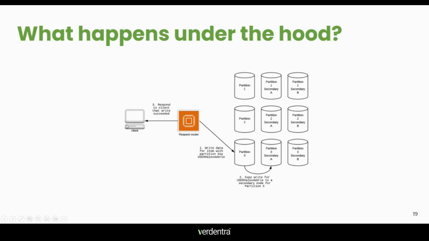Then you write the data, and it will also replicate the data into the first of your 2 secondary nodes. If this is successful, it will signal the request router that this write has been successfully completed. But you also have a third node, your secondary storage node.